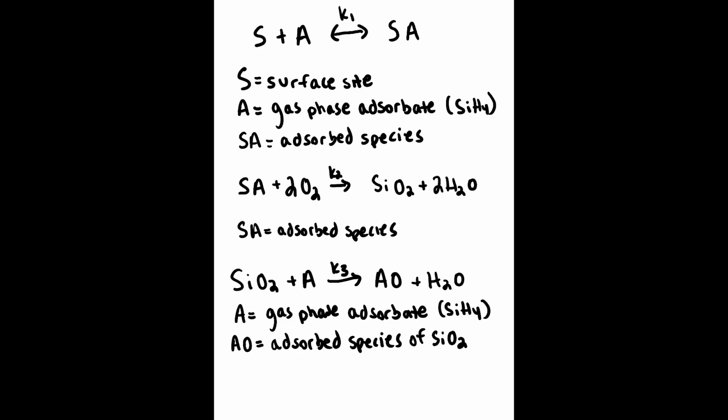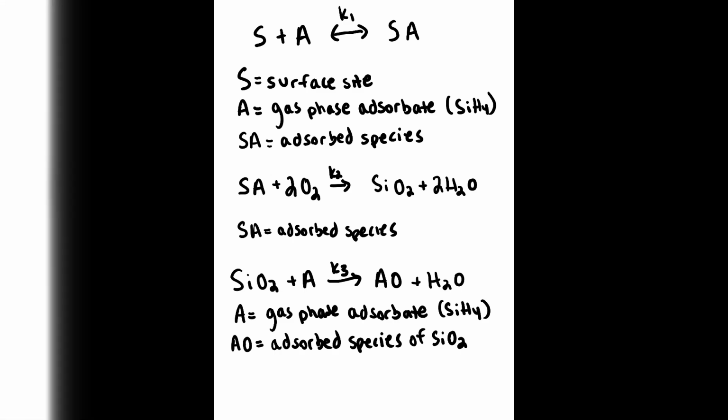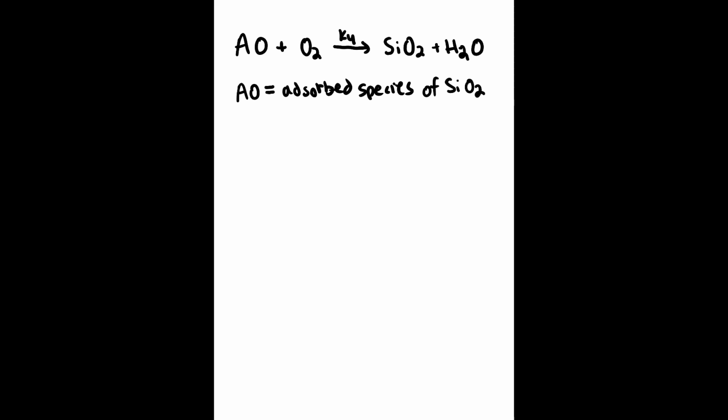SiO2 plus A going into AO plus H2O, where A is still the gas phase adsorbate, and AO is the adsorbed species of Si. And finally, AO plus O2 going into SiO2 plus H2O, where AO is still the adsorbed species of SiO2.